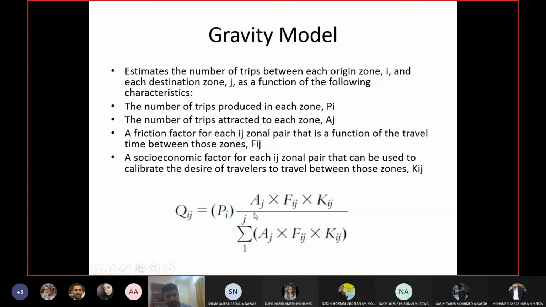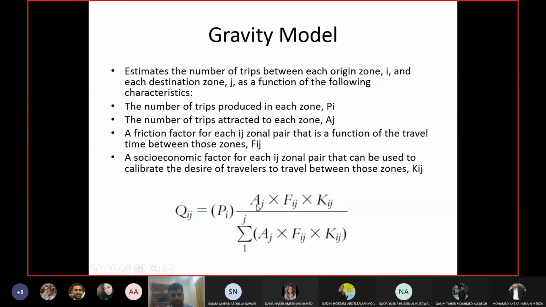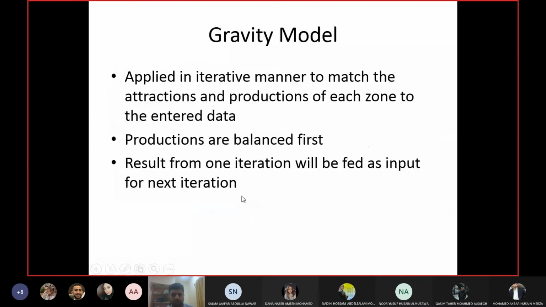In the end, when you make your origin destination matrix, you have to check these numbers. These numbers will not be balanced, because you are calculating between each two zones separately. Productions will become balanced automatically, but trip attractions, the A values, will not be balanced. I will show you later on, don't worry.